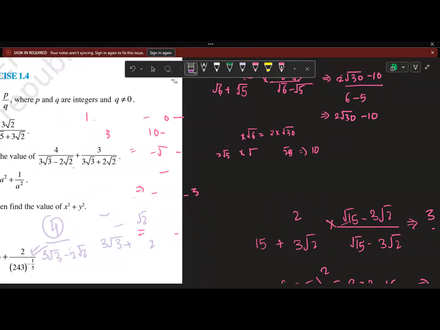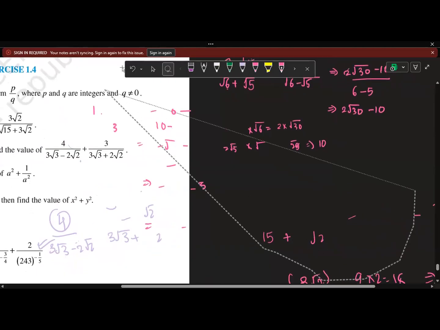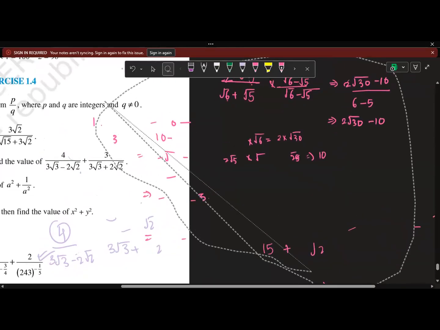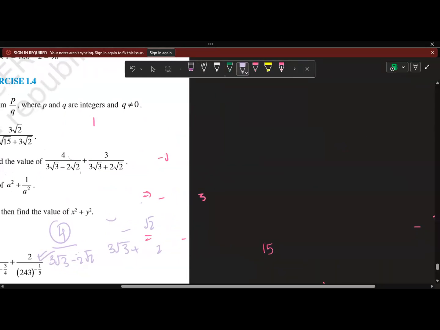So, can anybody tell me how will you rationalize the first one? By multiplying it with 3 root 3 plus 2 root 2. Okay, so 4 by 3 root 3 minus 2 root 2.